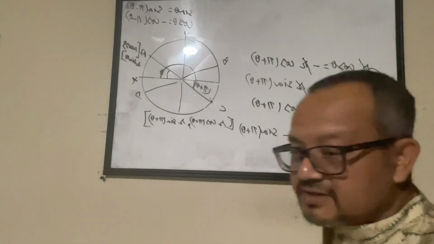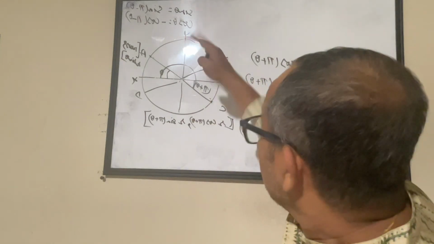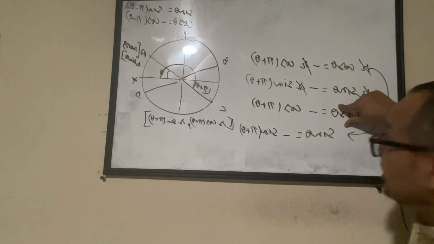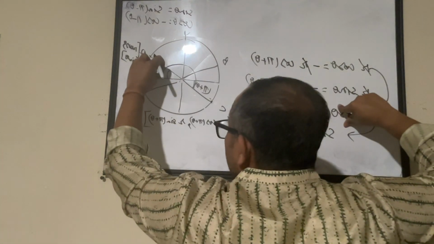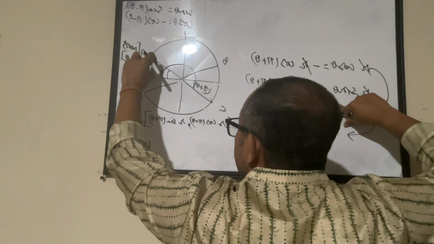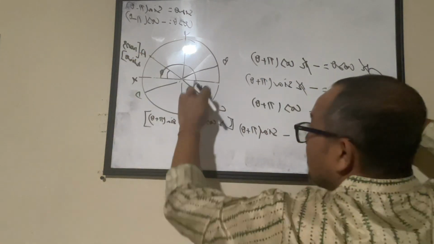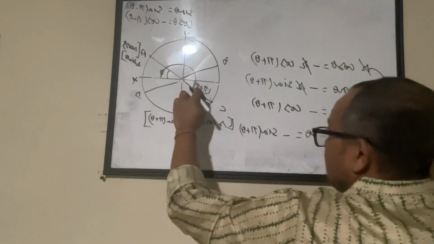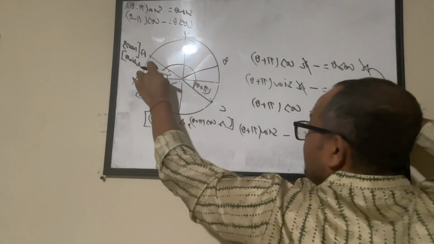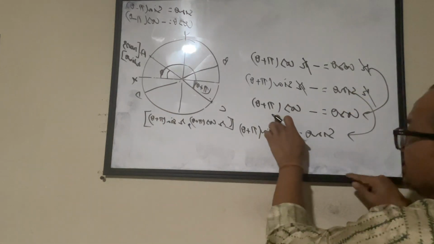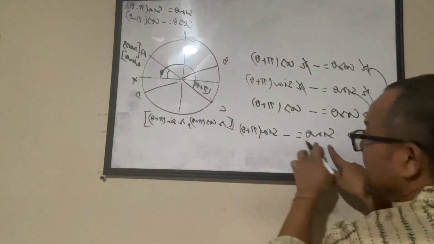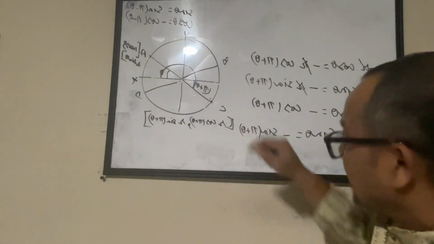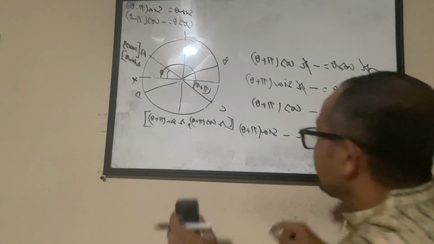This is the next thing that is derived. So basically, if you are going beyond the semicircle, then the cos of theta is the negative of cos pi plus theta. Similarly, sine of theta is equal to negative of sine pi plus theta. Now you look at these two things together.